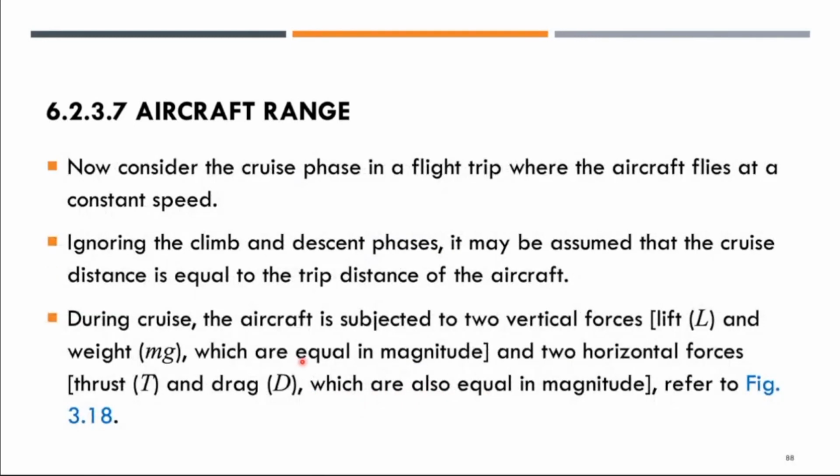Now consider the cruise phase in a flight trip where the aircraft flies at a constant speed. Ignoring the climb and descent phases, we may assume that the cruise distance is equal to the trip distance of the aircraft.